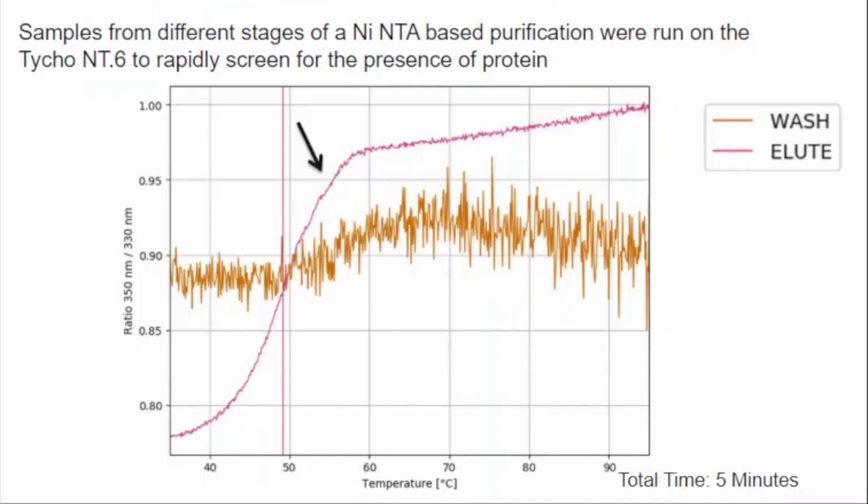The Tycho is not able to detect a clear TI, and so from this data, we can roughly assume that our protein is dominant in the elution fraction, and there's only trace amounts of relevant protein in the wash. And this experiment took us about 5 minutes to complete, from loading the sample into the Tycho, running the experiment, and analyzing the data. That took me about 5 minutes.